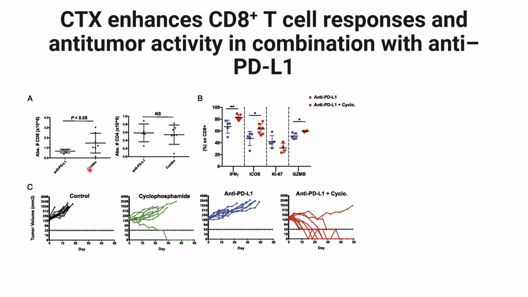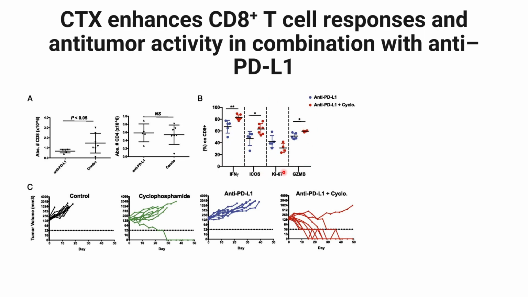So in this case, we can see that for this combined therapy, there is an upregulation of the CD8 plus cells. So this is expected, and there is no change in the CD4 plus cells, since the CTX promoter only works for CD8 plus cells. And thereafter they check the tumor.